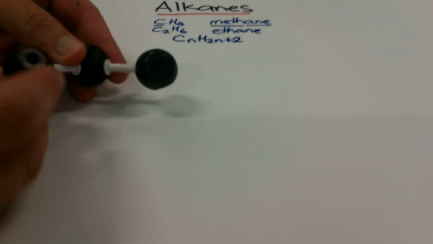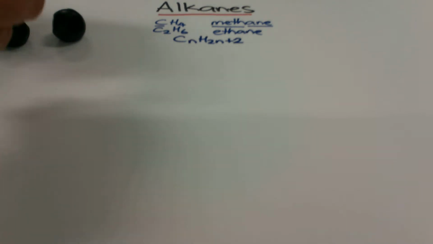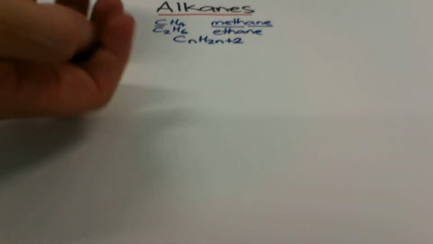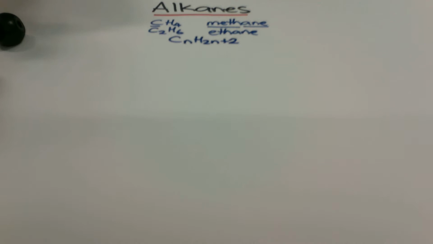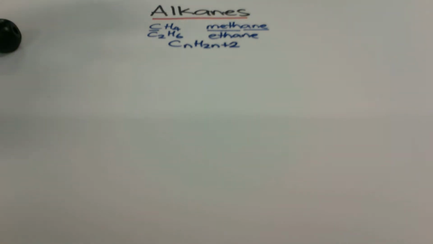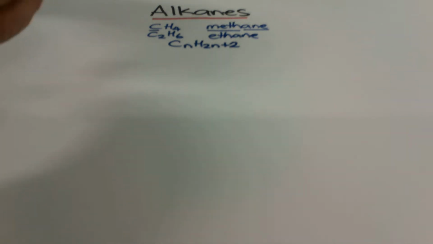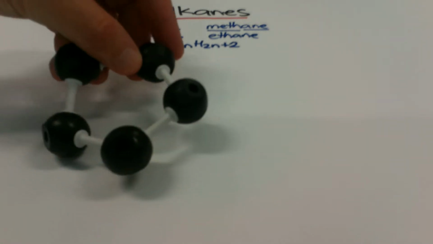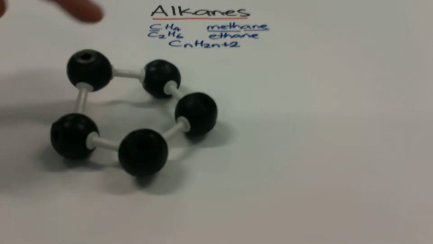Now remember, each of these holes that are shown here would have a hydrogen coming off it. Okay, now if I have a look here, each has got 2 holes exposed, so those would be 2 hydrogen atoms. Okay, 2, 4, 6, 8, 10.